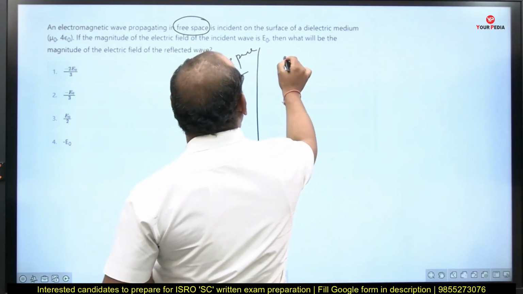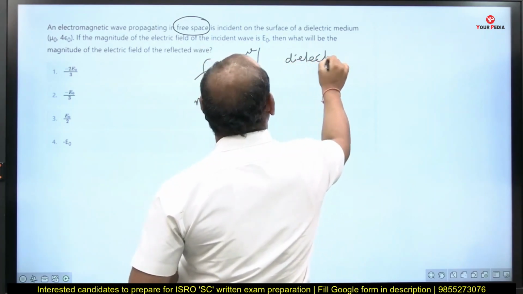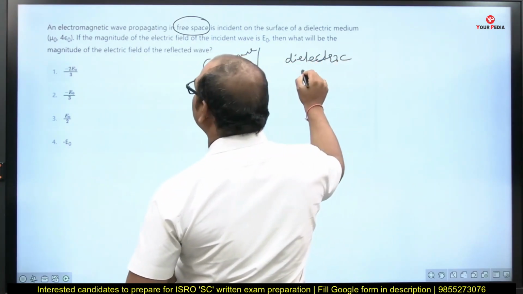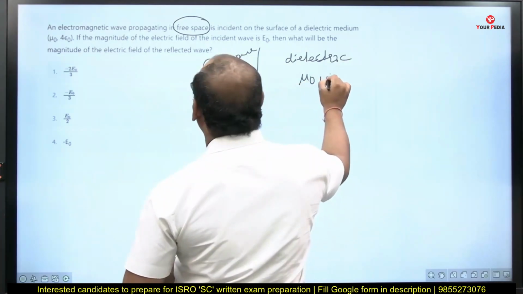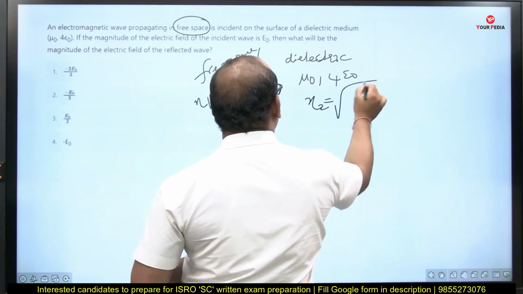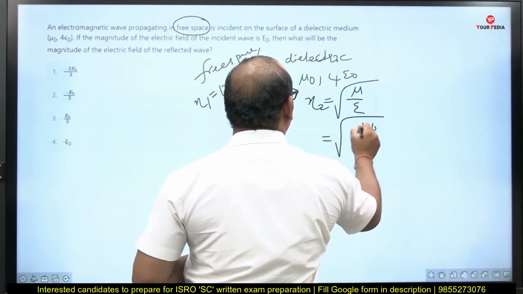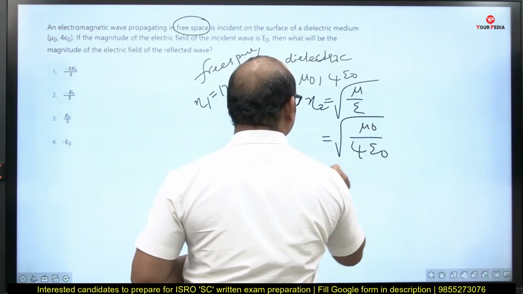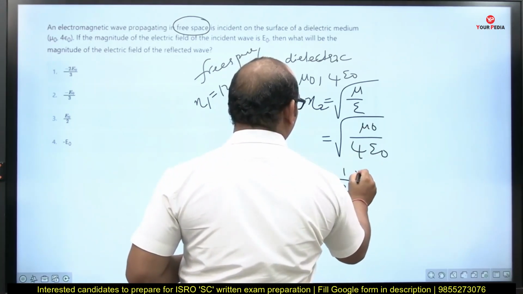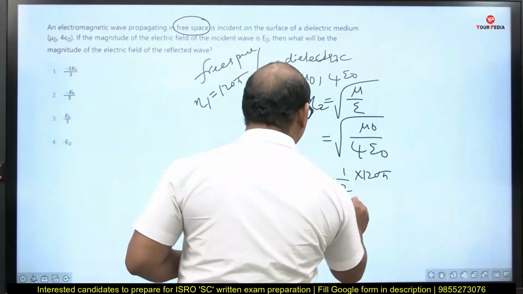Medium 2 is a dielectric medium with characteristics mu naught and 4 epsilon naught. So what is eta 2? Root of mu by epsilon, that is root of mu naught by 4 epsilon naught, which equals 1 by 2 into 120 pi, that is 60 pi.